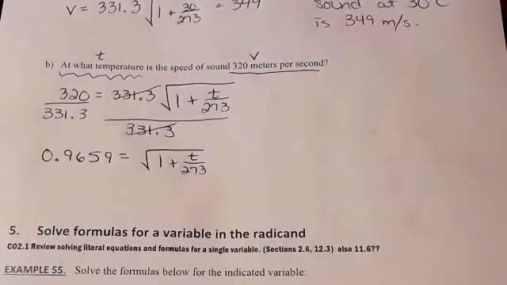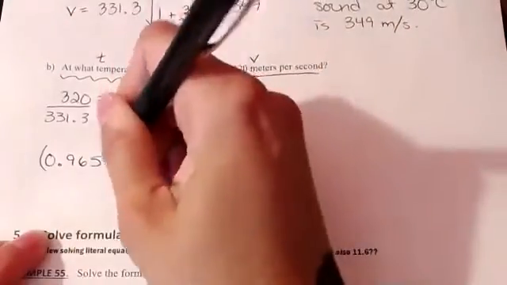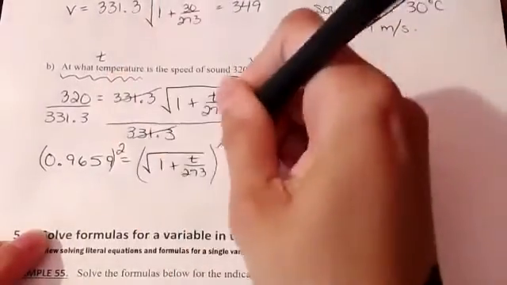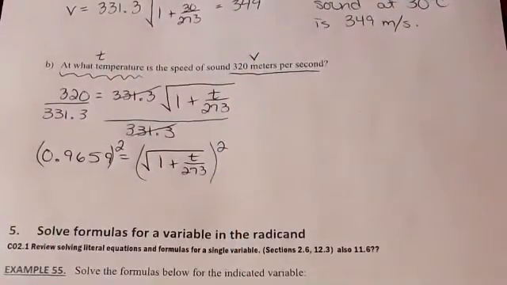Good. So let's check it out. We are going to put both sides in parentheses. And James, thank you for telling me that. That does help. So we're going to square both sides like so. Let's punch this into our calculator, because remember the opposite of square root is square. So 0.9659, let's square that side.